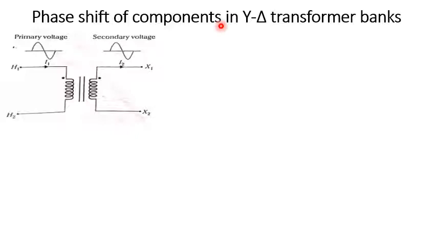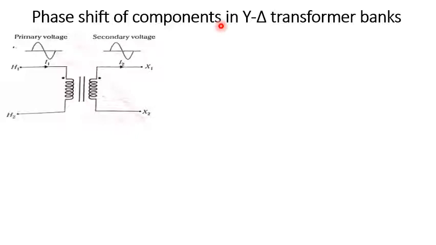Here, when the windings of delta to delta or star to star transformers are connected, the phase shift for both the currents and the voltages is either 0 degrees or 180 degrees. Whereas in the case of star to delta or delta to star transformers, the winding connections can be made so that the phase shift between the transformer windings is equal to n times 30 degrees, where n is a whole number called the hour number.